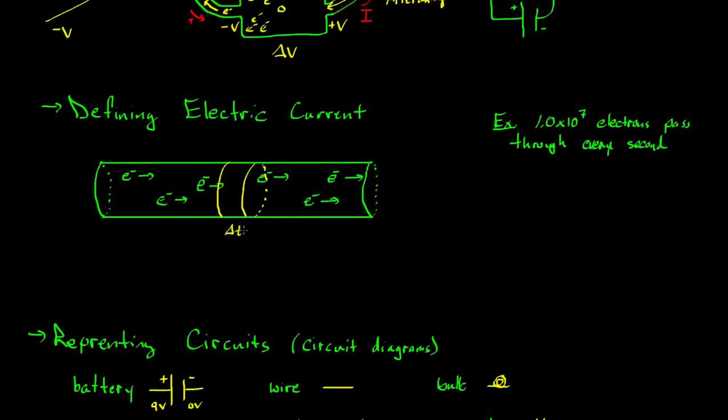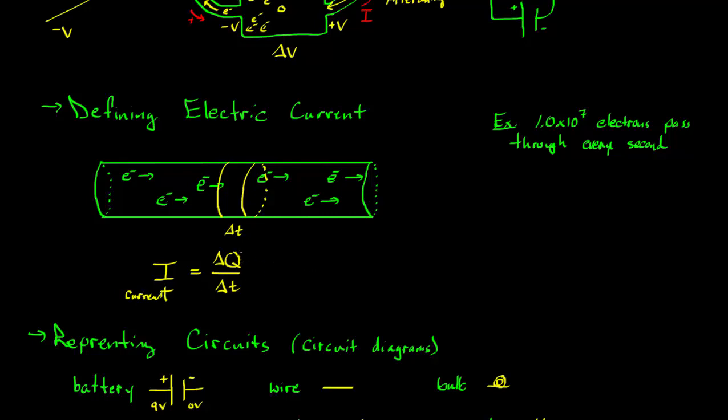So we care about time. So we'll define current to be like for this little piece of wire, what's the change in the charge, the big Q. So the number of charges that pass through, that builds up the entire charge over time. And that's current.